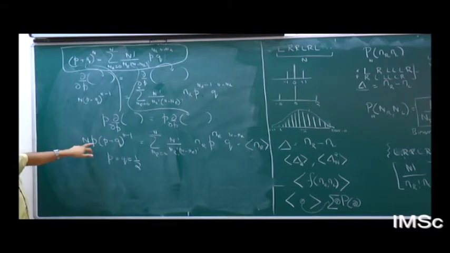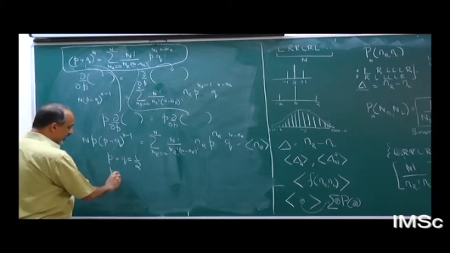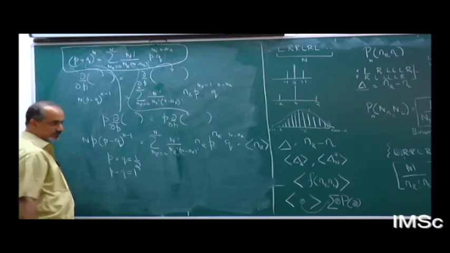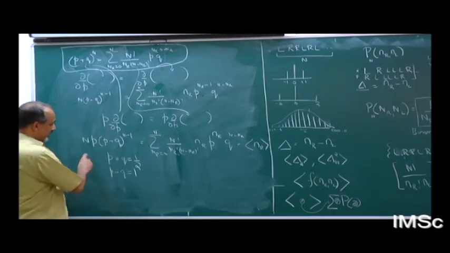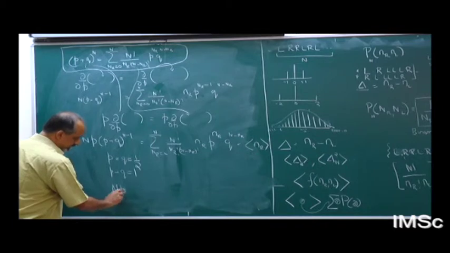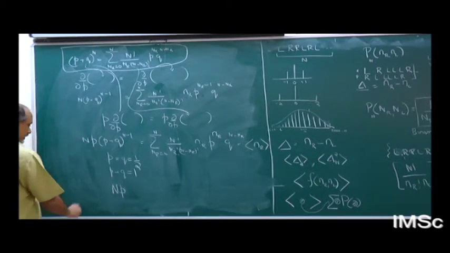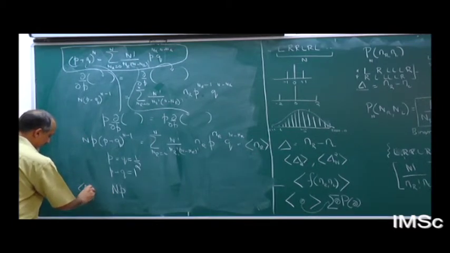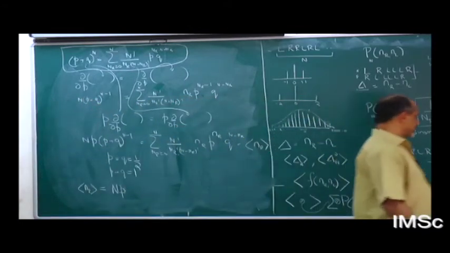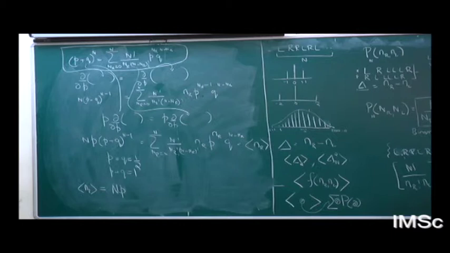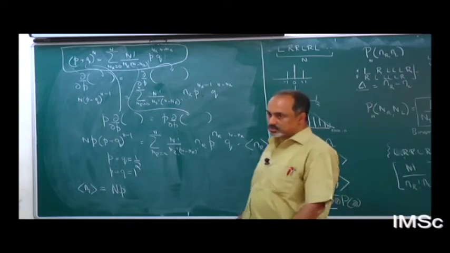All I have is n into 1/2 outside, so n by 2. In fact, in general, all I need to do is to take p plus q equal to 1. Then automatically this is satisfied here, and what I have here is n times p. So nr averaged is n times p in general. If p is 1/2, that is n divided by 2.